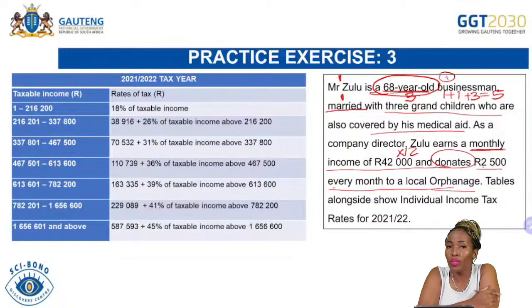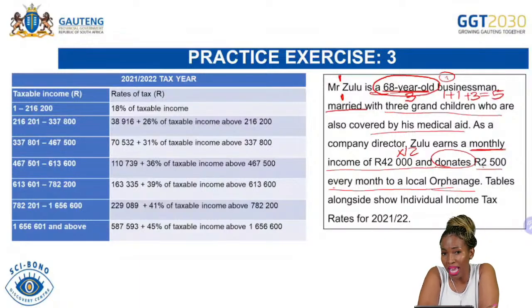So if someone like Zulu says, from my salary, from my income, I'm willing to assist these poor orphanages with the little amount that I have, as much as the money is little, you are also relieving the government.